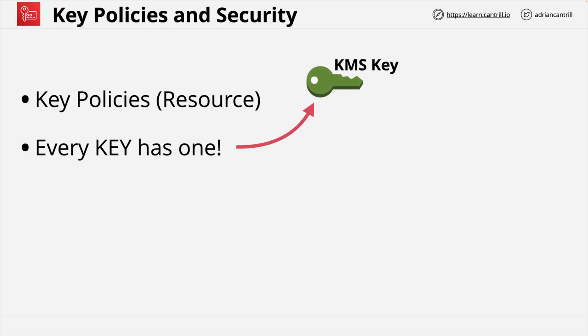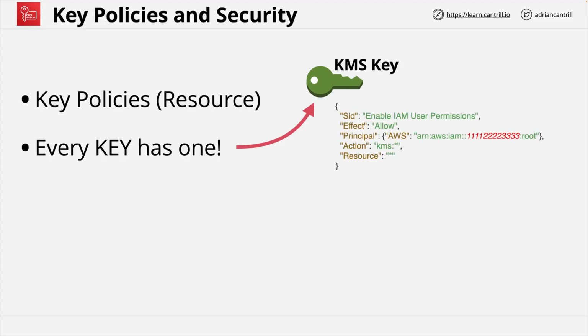To reiterate this, the reason the key policy is so important is that unlike other AWS services, KMS has to explicitly be told that keys trust the AWS account that they're contained within. And this is what a key policy might look like. It means that the key will allow the account 111122223333 to manage it. This trust isn't automatic, so be careful when updating it.